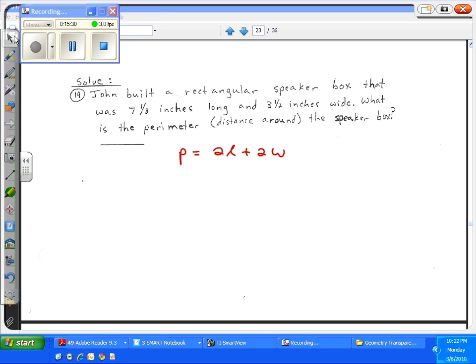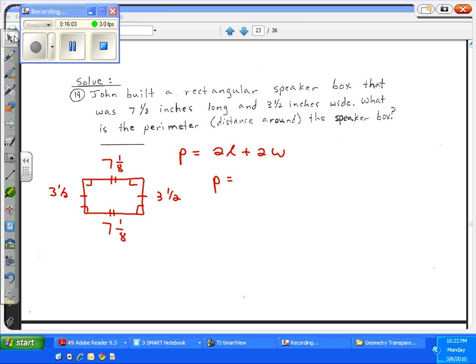A picture would be something like this, where opposite sides are equal and all of the angles are 90, where we have a top and bottom that are 7 1/8, 2 lengths of 7 1/8, and a left and a right that are both 3.5, or two widths that are 3.5.